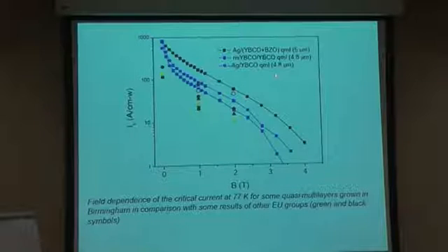You see that we have grown very thick film to maximize critical current, and these dots are maximum critical currents obtained by other groups in Europe, which concentrated on increasing critical current density and not on growing thick films to increase also critical current.